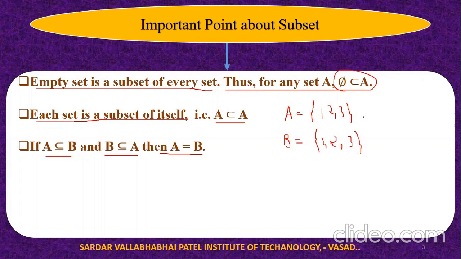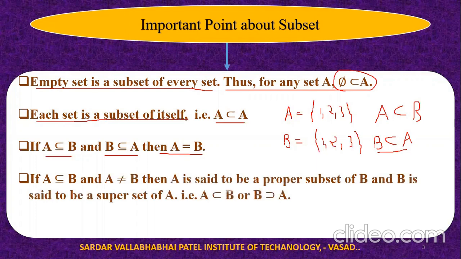So in this case, all elements of A are inside B, so we write A ⊆ B. Also, all elements of B are inside A, so we write B ⊆ A. And when A ⊆ B and B ⊆ A, then A equals B.